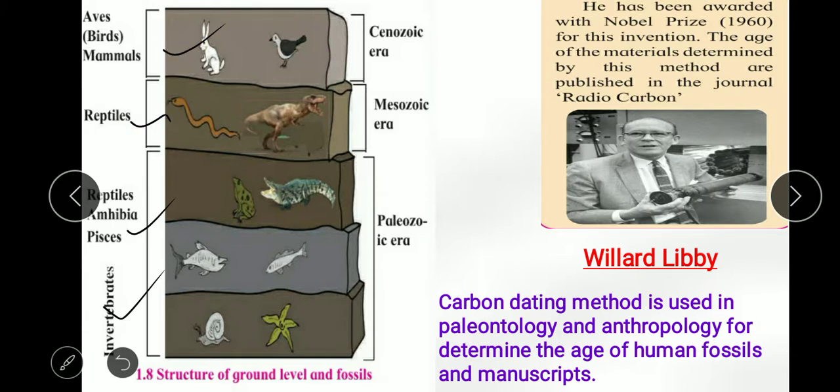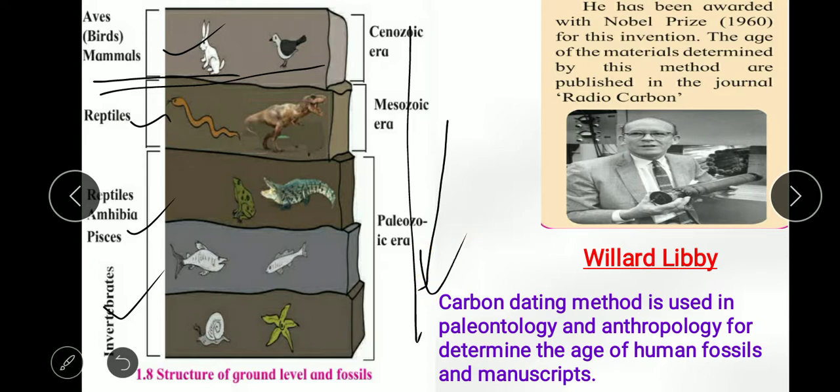At the top, aves and mammals are on the uppermost layer. That means they are the last. When we study the evolution of living organisms, if they are at the top, they were buried last, which means they are not as old as the others, students.